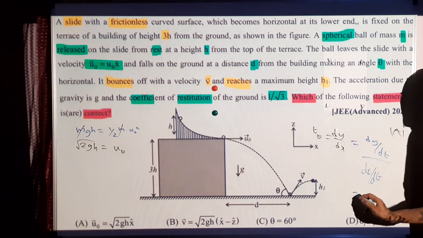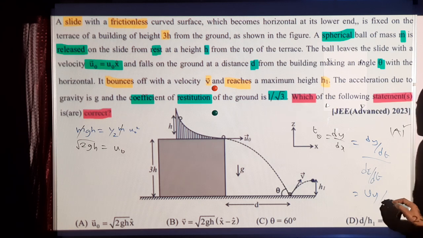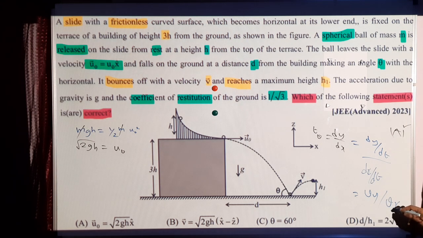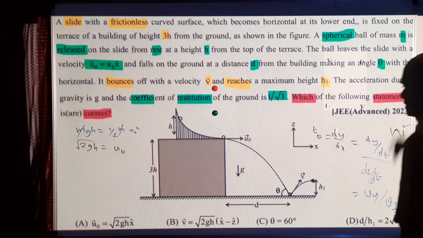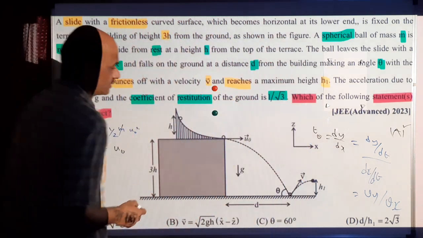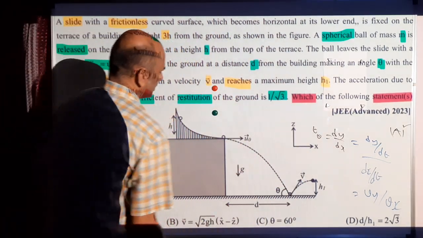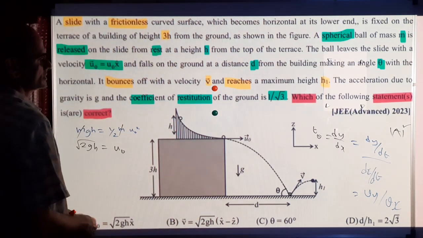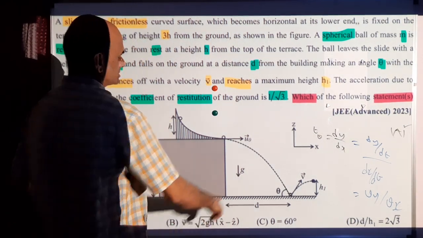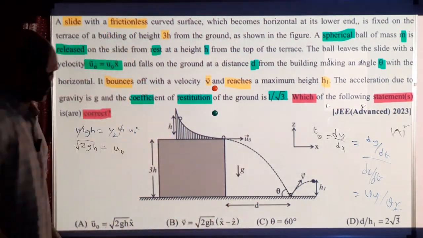So this is nothing but the vertical component velocity by the horizontal component velocity. To get this theta, the horizontal component velocity is known because it's u naught throughout. You have to get the vertical component velocity, which will be easily calculated because it's a projectile motion.